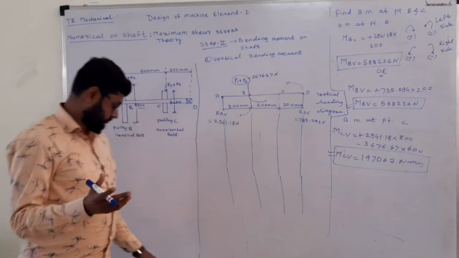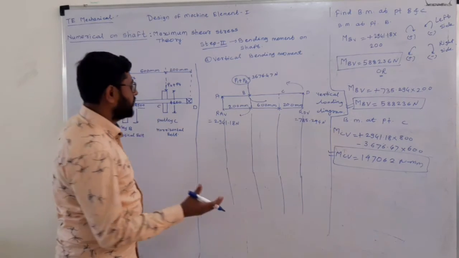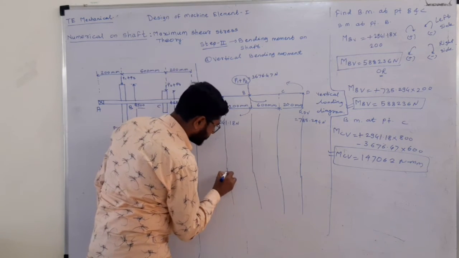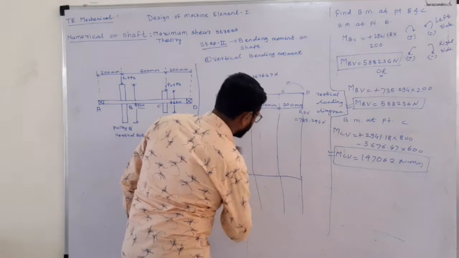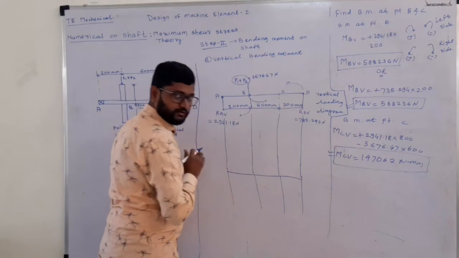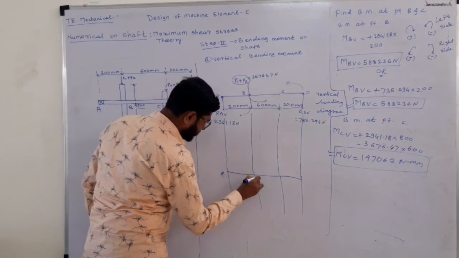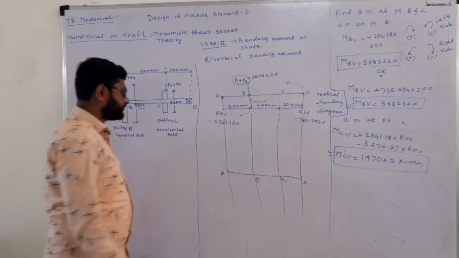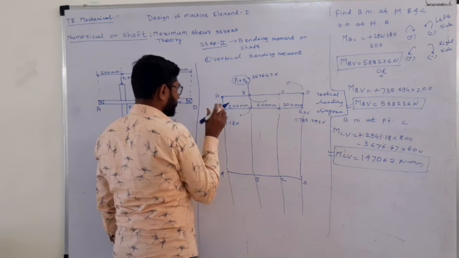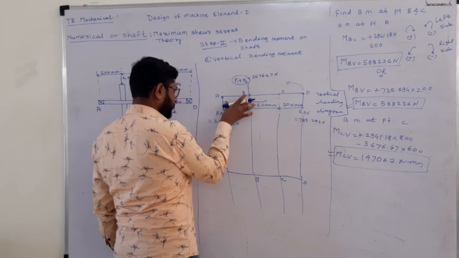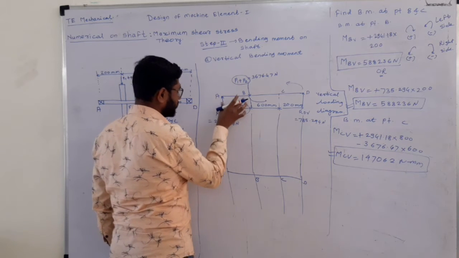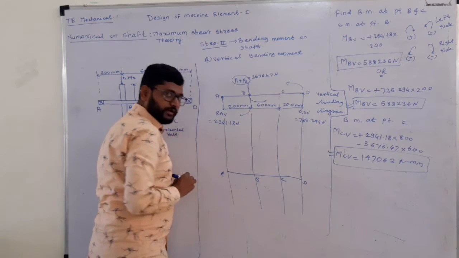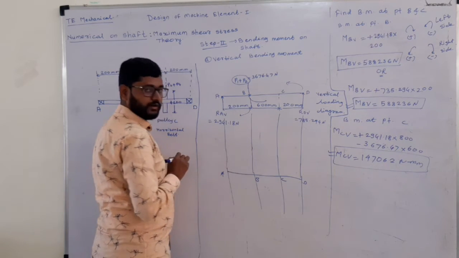So next step, how to draw the vertical bending moment diagram. First of all we draw a baseline here, point A, point B, point C and point D. If there are vertical forces, the bending moment is an inclined line.